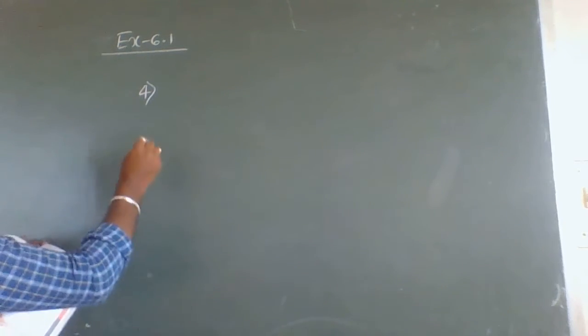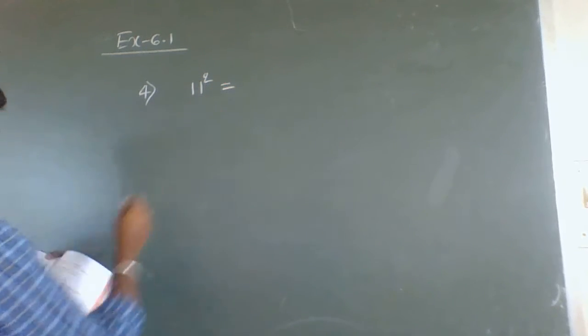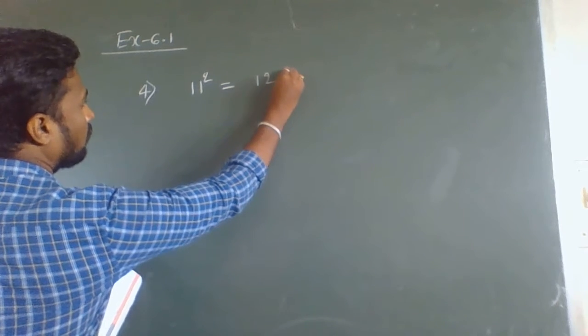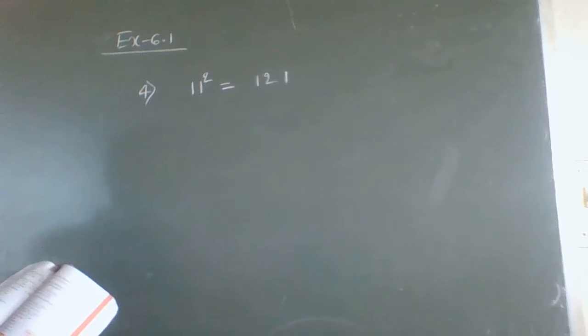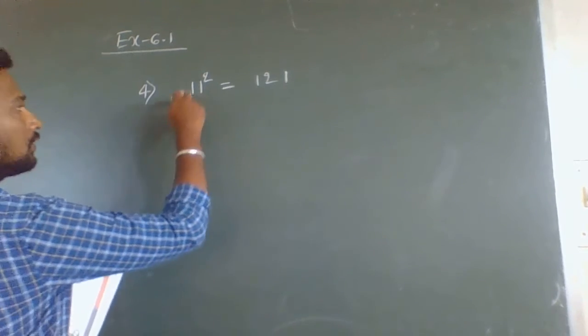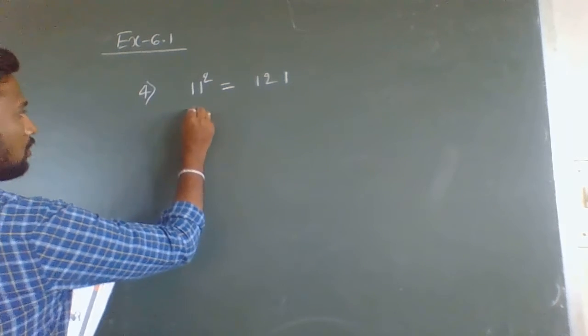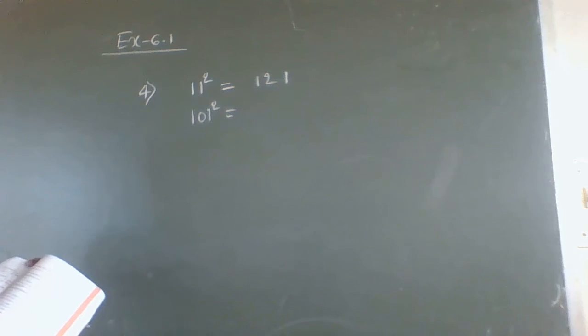So here, first they have given 11 square equals 1, 2, 1. Directly they have given 11 square is equal to 121. Next, 101 square equals, what have they given here?